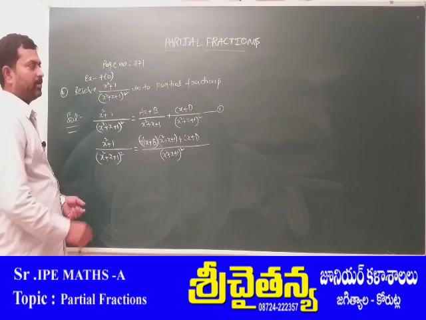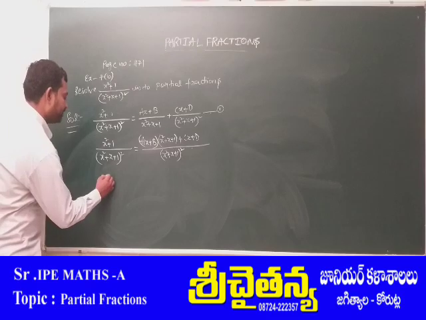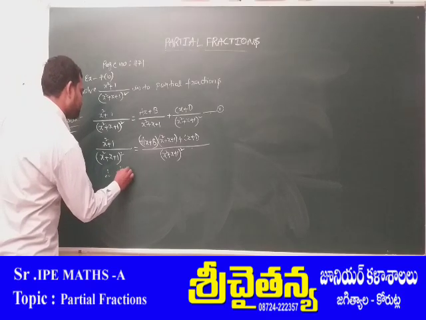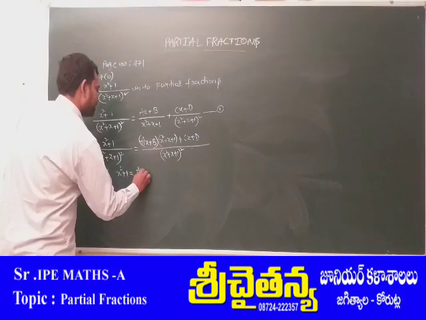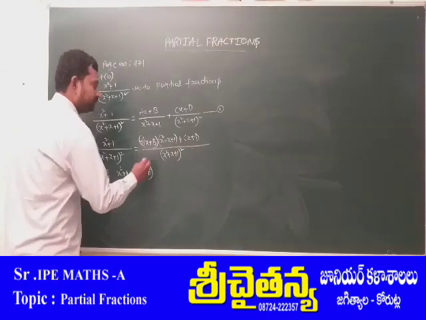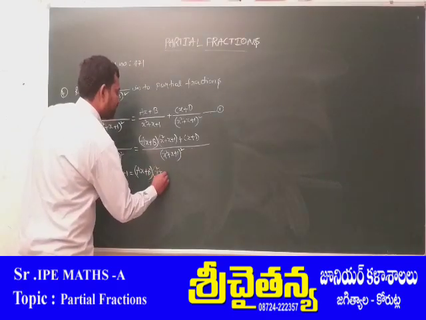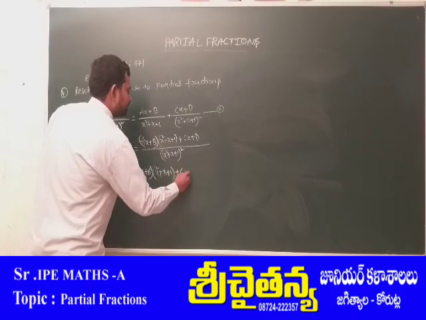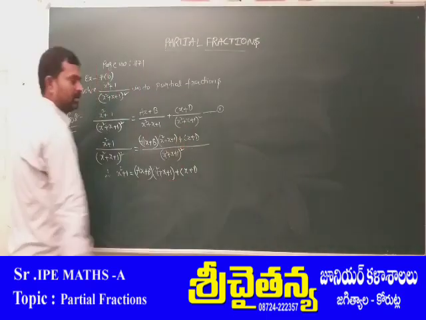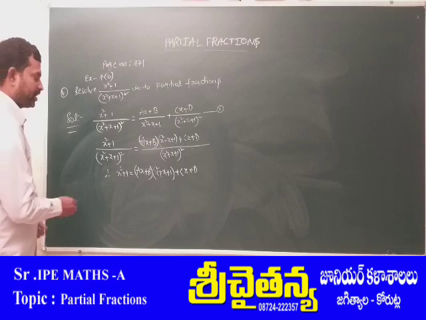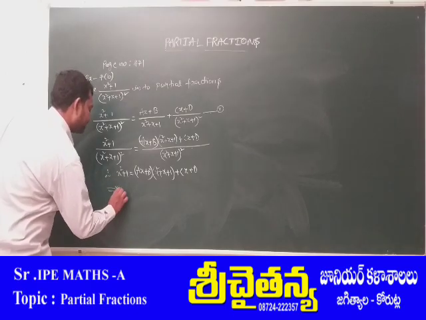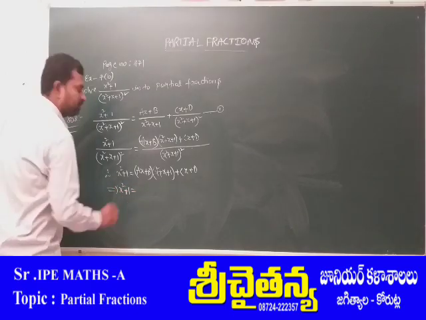Both sides denominators are same, so we should write, therefore, x square plus 1 is equals to ax plus b times of x square plus x plus 1 plus cx plus d.